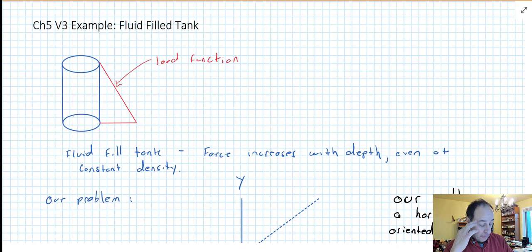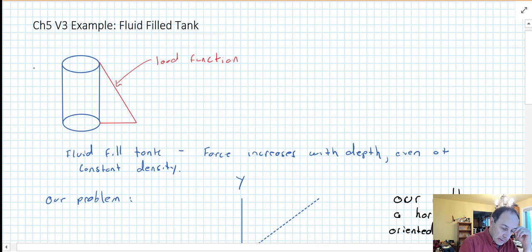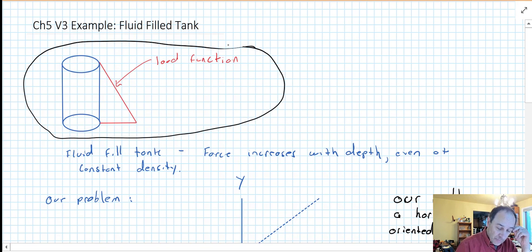In this example, we're going to deal with a situation where we have varying density. The last example we looked at, the density was the same throughout the material. If we look at this tank here, this isn't our problem.